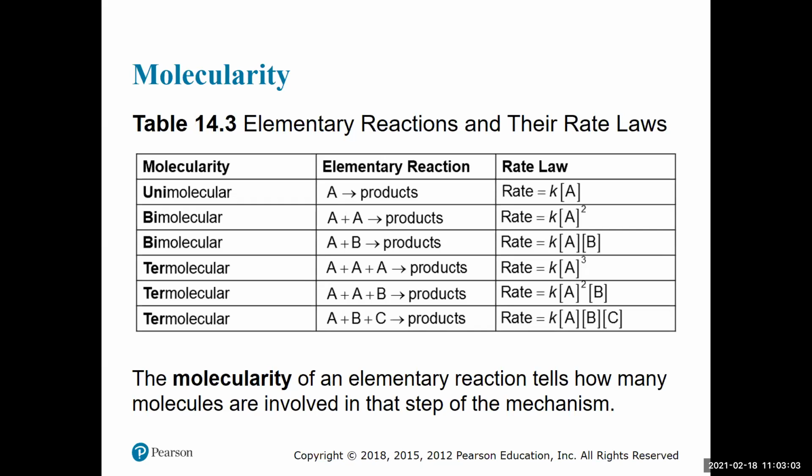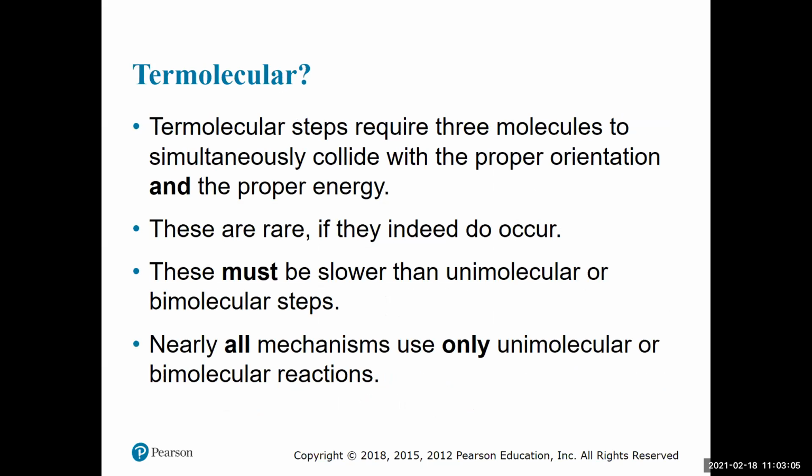The one tends to be the decomposition reactions, which can occur, but here this is just talking about how the term molecular doesn't happen very often. If it does happen, it's usually pretty slow. And once again, you've got to line all this stuff up, and it just takes more time and it's less likely to happen.